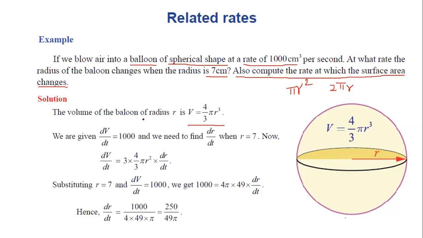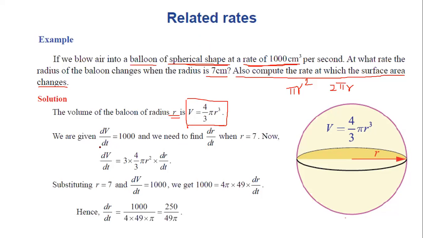The volume of a balloon of radius r is V equal to 4 by 3 pi r cube. It is the volume of sphere formula. We are given dV by dt, the rate of change, for the spherical shape. So V equals 4 by 3 pi r cube, the volume, is changing at 1000 centimeter cube per second.